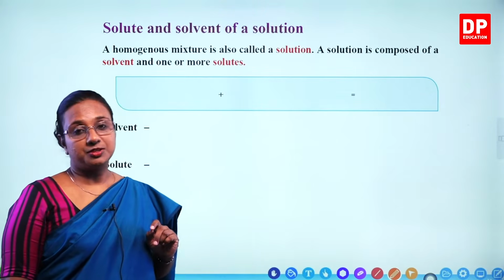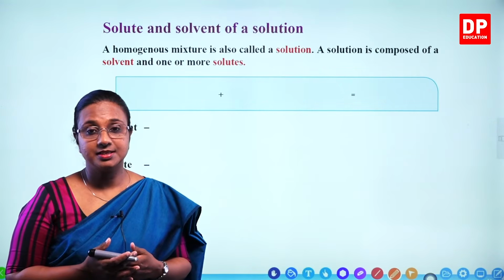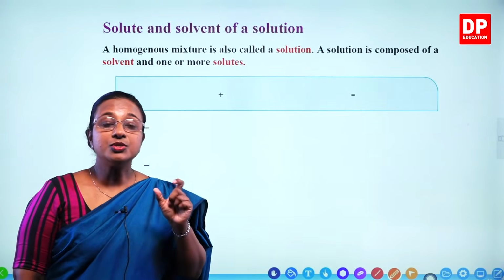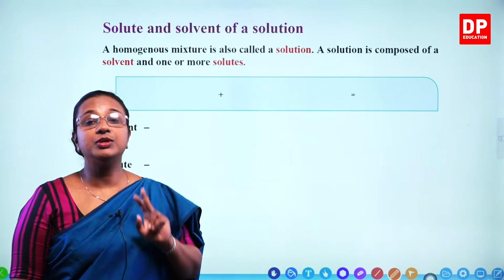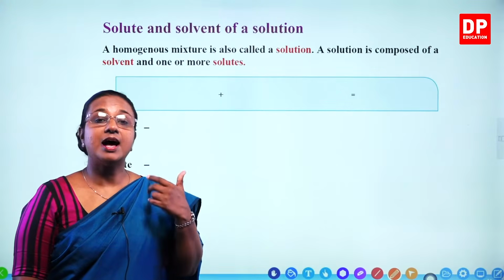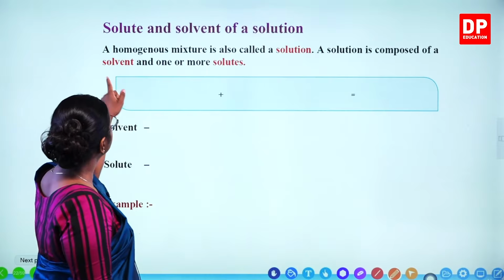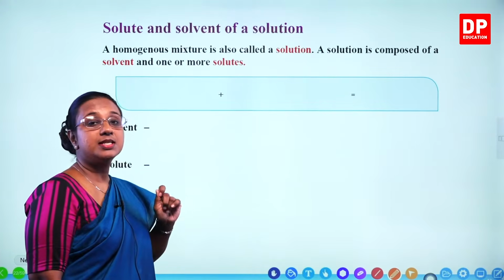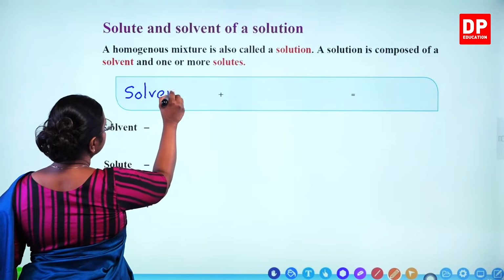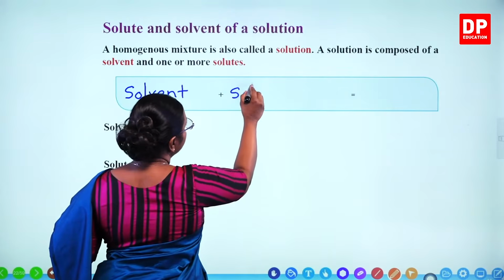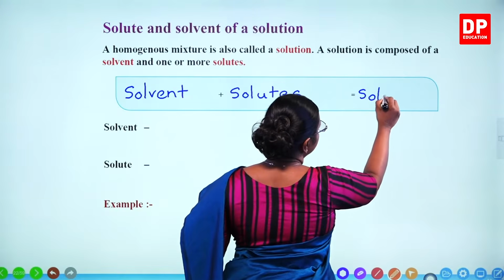And in a mixture, you already know there can be two or more substances. So, here those substances or the components of a mixture are classified into two types. One is the solvent, the other one is the solute. So, a solution is composed of a solvent and one or more solutes. So, there will be one solvent and one or more solutes that make up the solution.